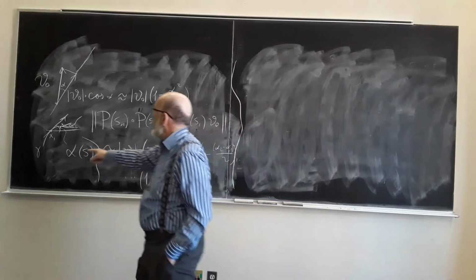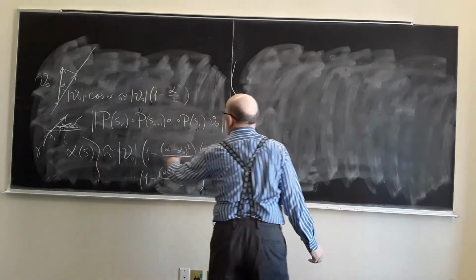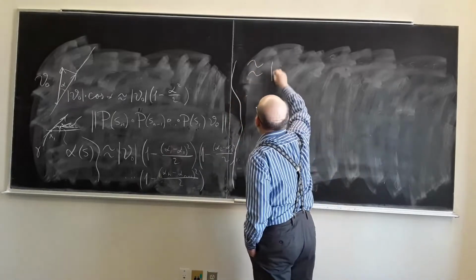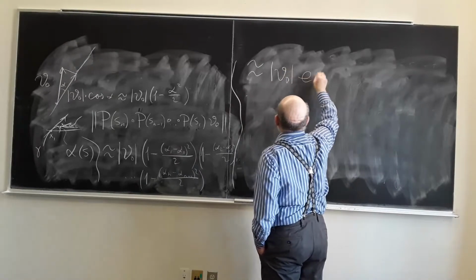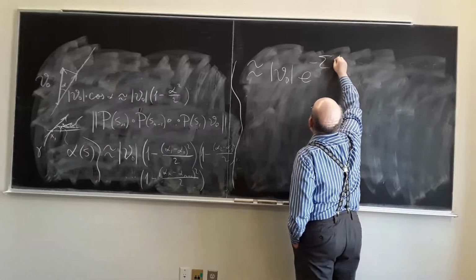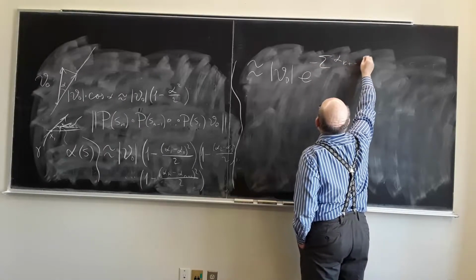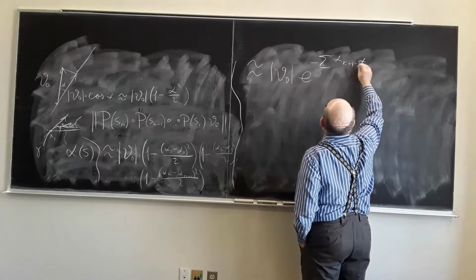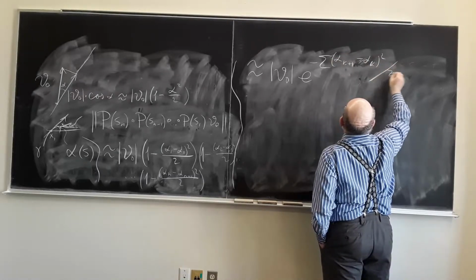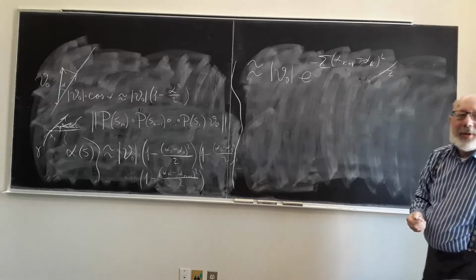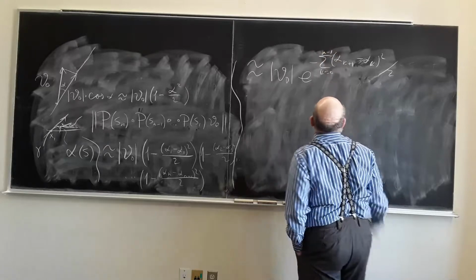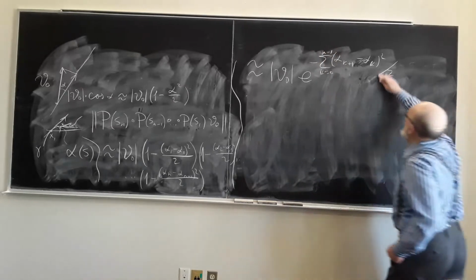I assume that alpha is a continuous function, so each of these terms is small, so it is approximately equal to V0 times e to the power minus the sum of (alpha k plus 1 minus alpha k) squared divided by 2, k from 0 to n minus 1.